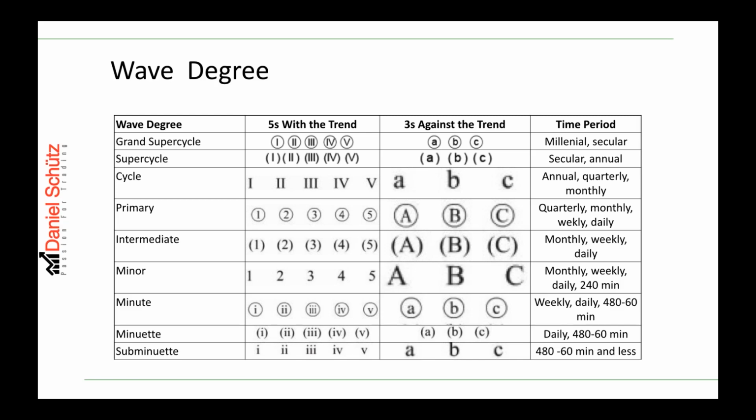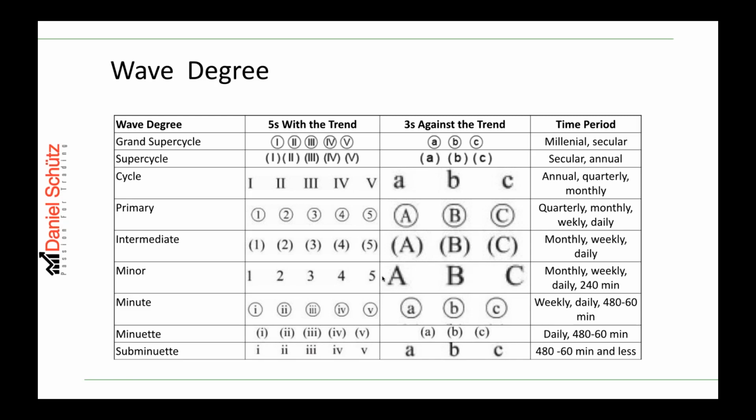Those different wave degrees represent different time periods. From the large super cycle that can last for several years or decades, to a nano cycle that occurs on the smallest time level. It can be a minute chart, a 60-minute chart, or whatever.